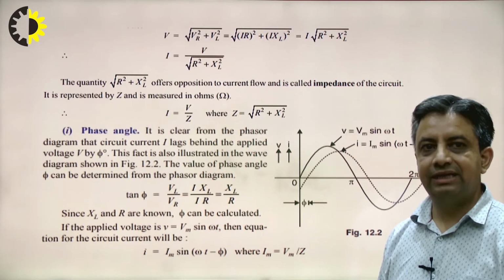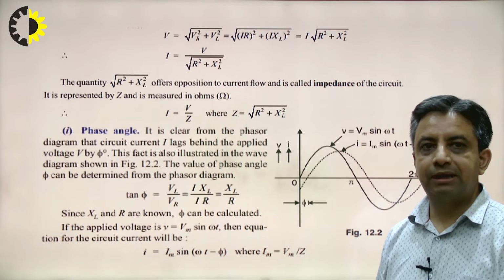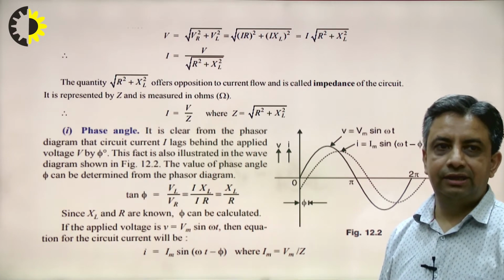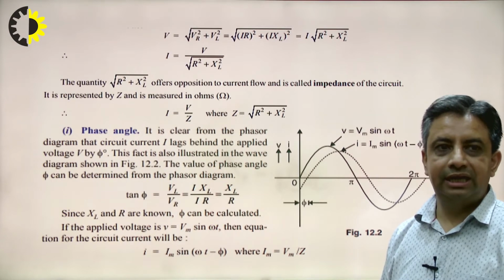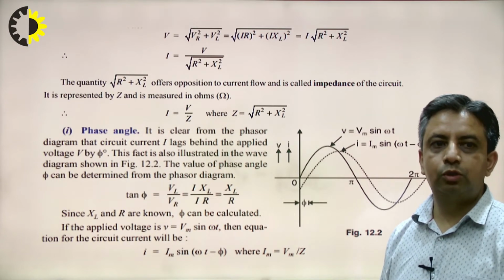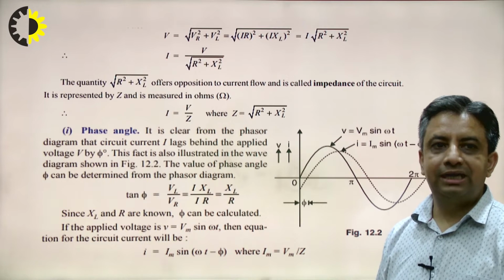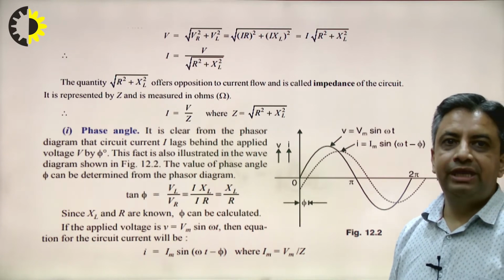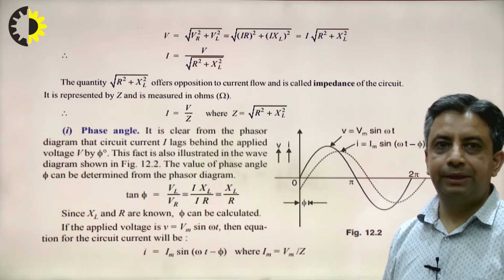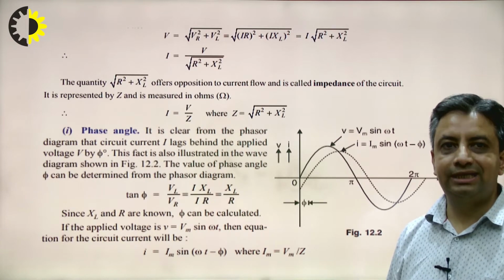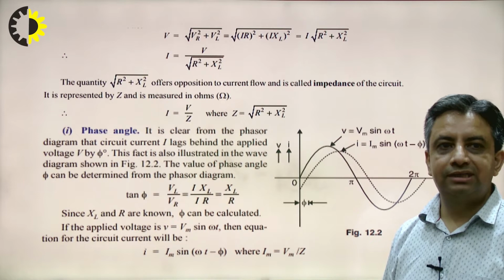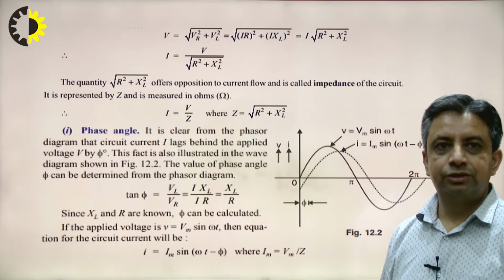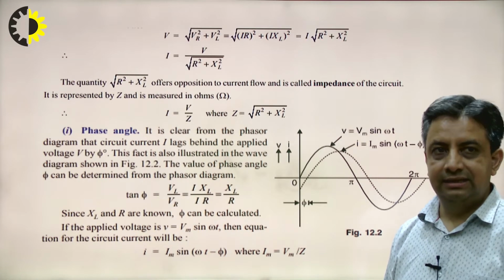So phi is the phase angle between the supply voltage and the line current. At the end, you can see the equation for current, that is i equals Im sin(omega t minus phi), where v is Vm sin omega t. We have taken voltage as reference, and this current is lagging the voltage by an angle phi. So this is the first circuit, called the series RL circuit.